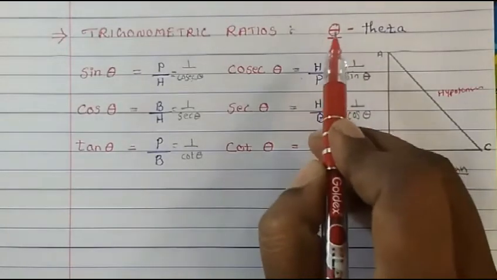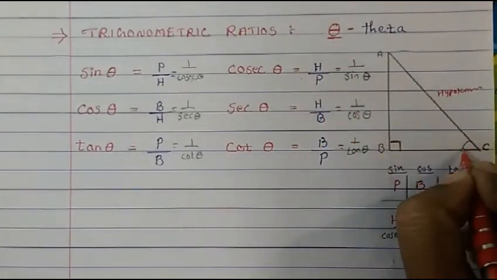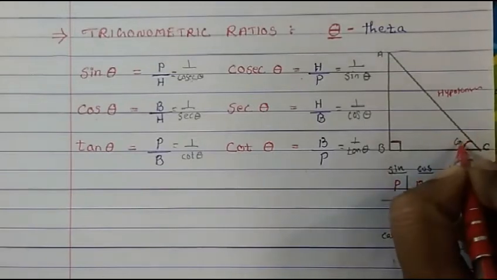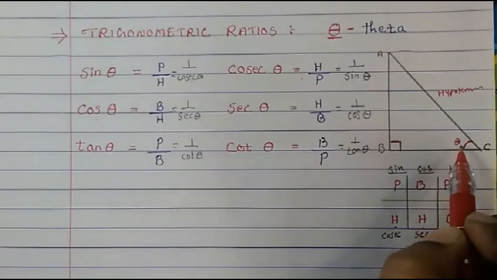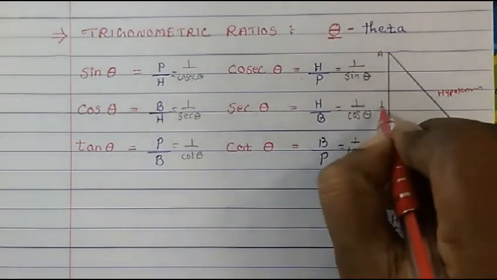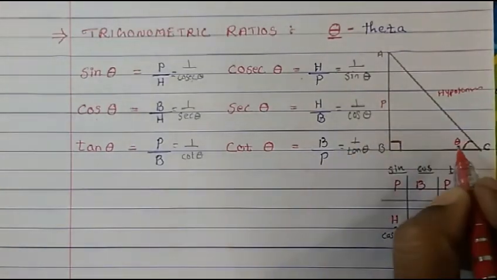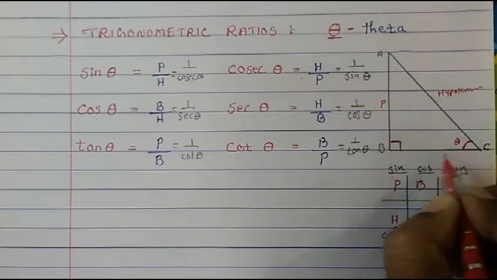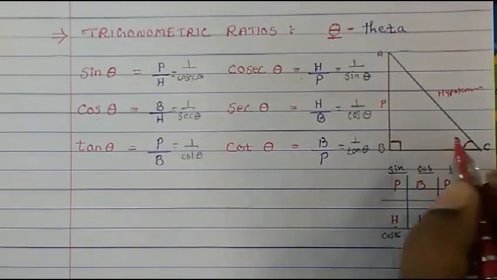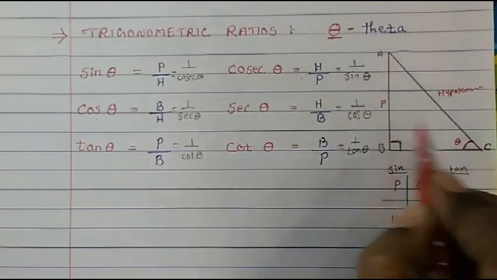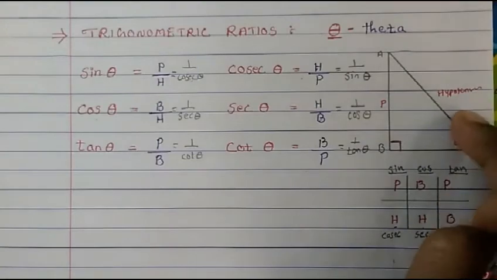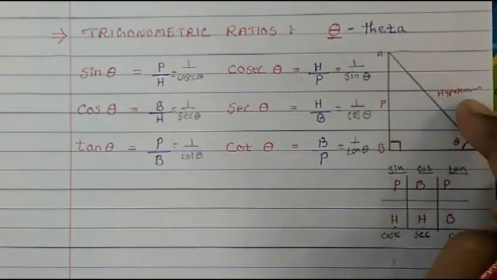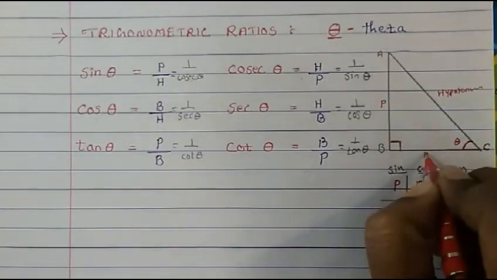If angle C is my theta, then the side opposite to theta becomes perpendicular, and the side touching the angle theta becomes the base. Hypotenuse remains the same because the longest side is the hypotenuse. So the other one becomes base.